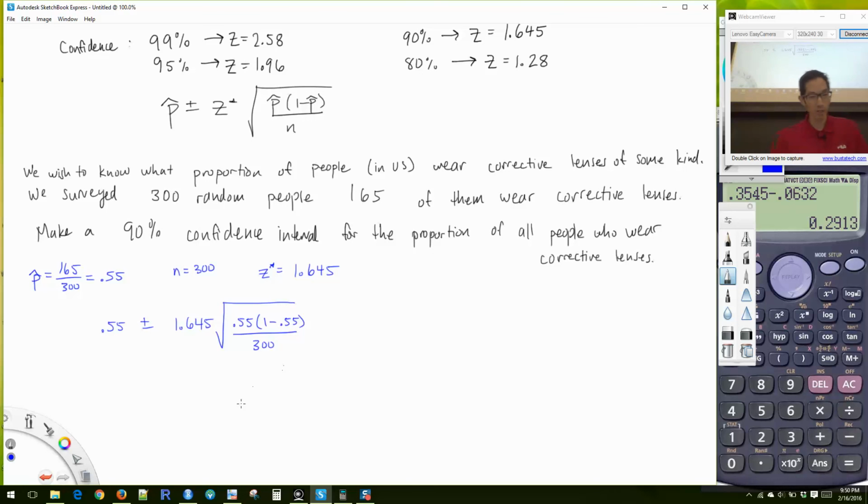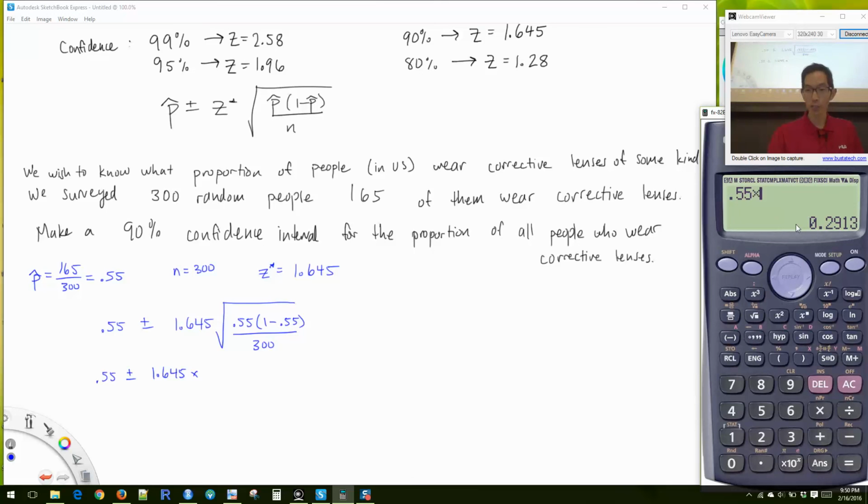That's allowed, but I like to break it out into steps. I do 0.55 times 1 minus 0.55, close parentheses, divided by 300, and take the square root of that. You don't have to do it this way, but this is how I do it.